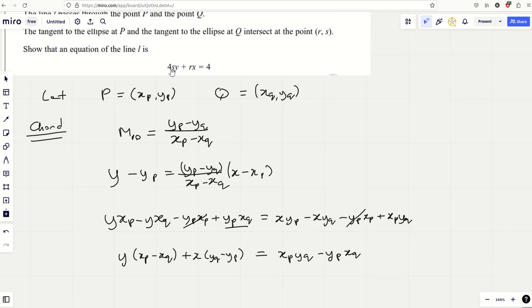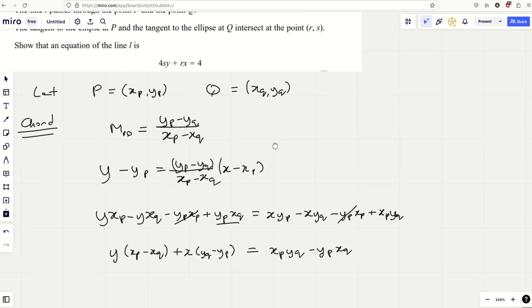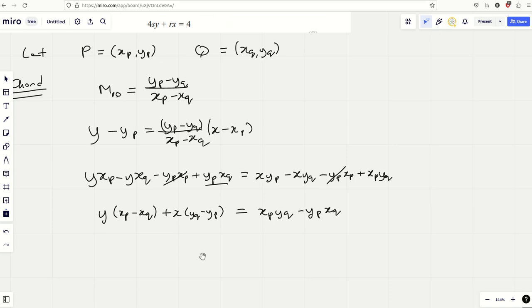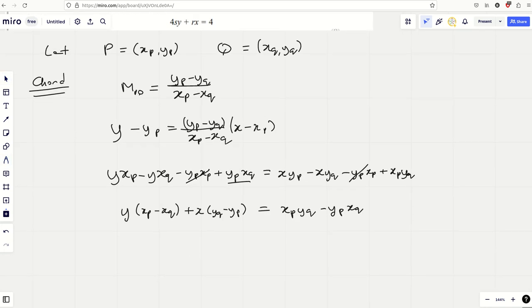Now, once again, I'm going to try and turn it into this format so I can identify what S and R should look like. That's essentially exactly what I did last time, but it just took me a bit longer because I was faffing about with trig. So what do we want? We want 4 S y, and we want equals 4. So if I divide this side by what it is and then multiply by 4, I'm going to divide everything by xpyq minus ypxq.